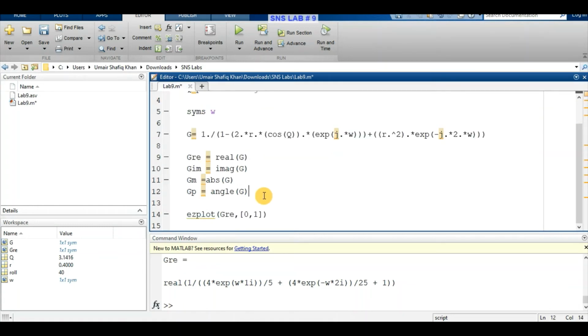As we have to plot 4 different values, we can use the feature of subplot to plot all of these values in a single figure.